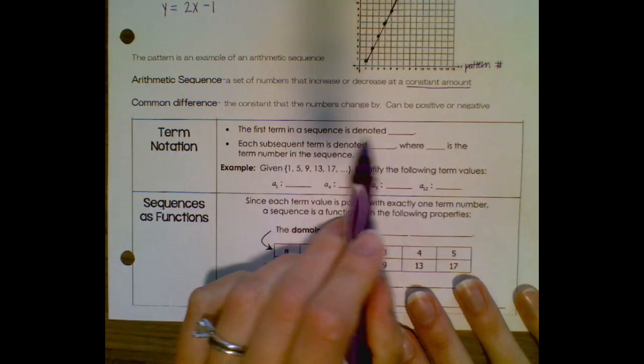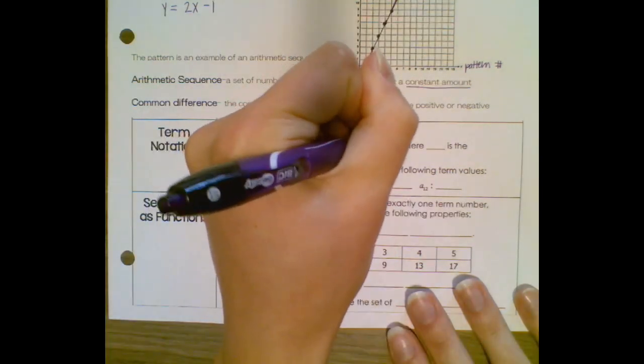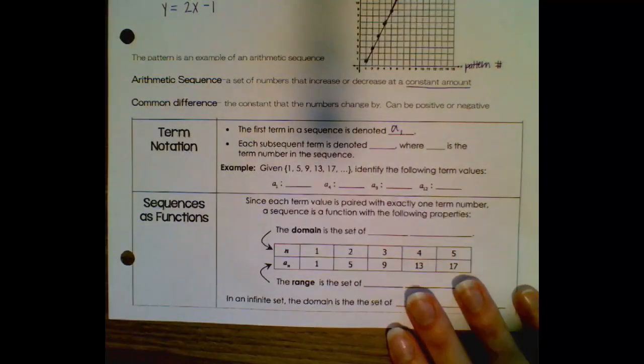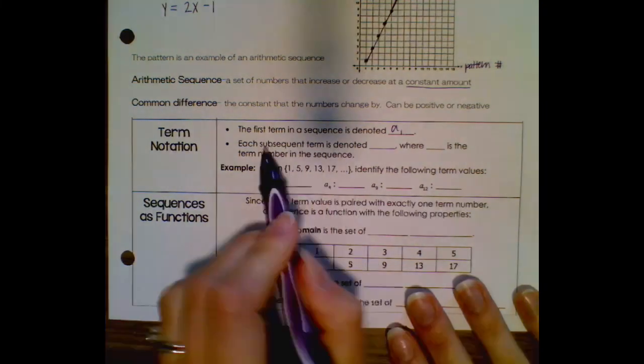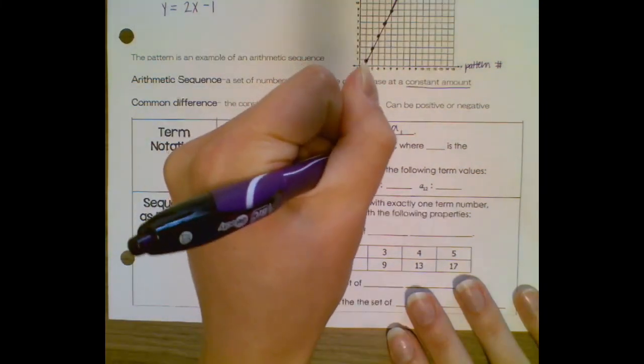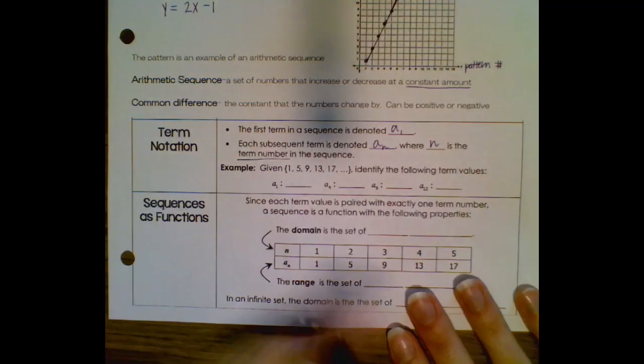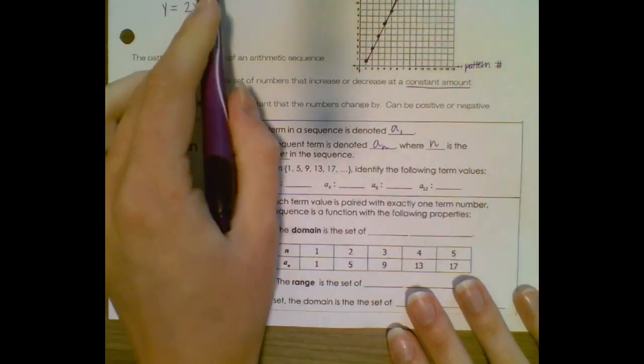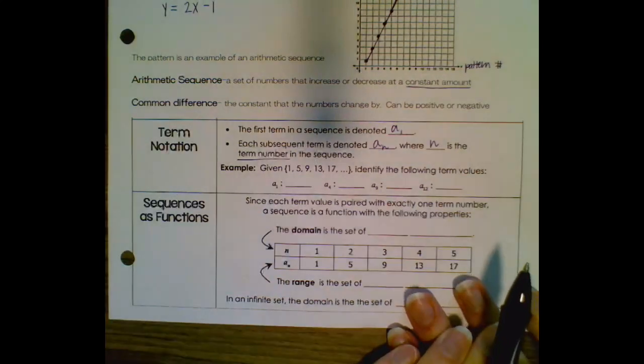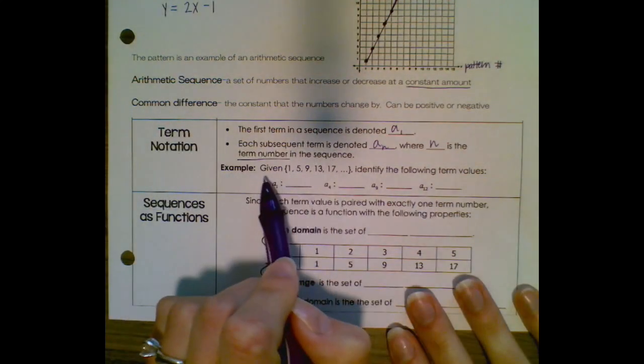The first term in a sequence is denoted as a sub 1. Each subsequent term, so each term after that, is denoted as a sub n, where n is the term number in the sequence. So that was kind of like your pattern numbers up above. Okay. So let's look at this example.